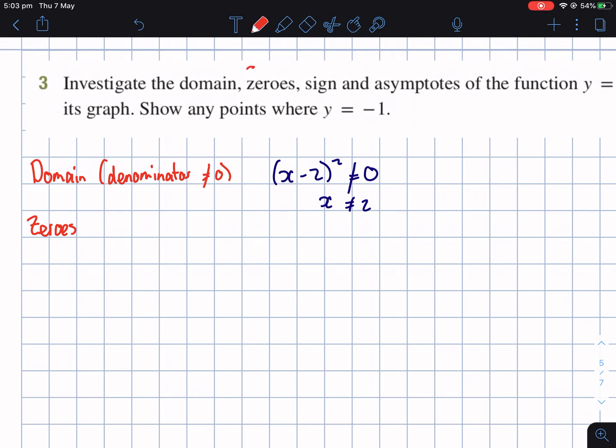I'd like to add something here, intercepts. Zeros is kind of what they mean by intercepts, but that's x-intercepts. I'd also like to add y-intercept.